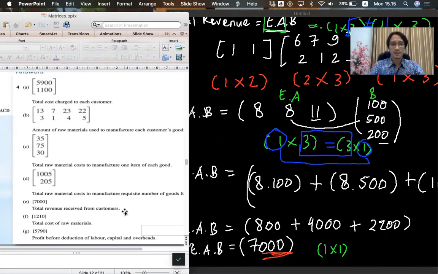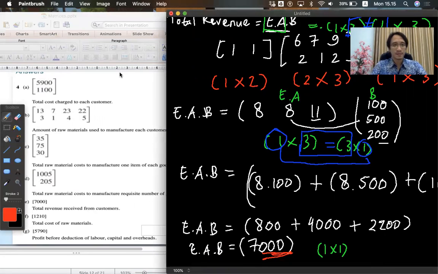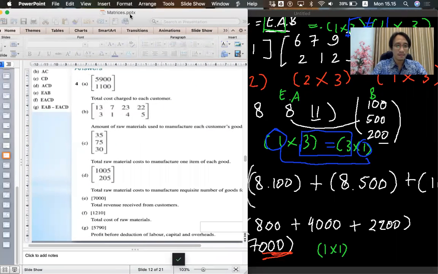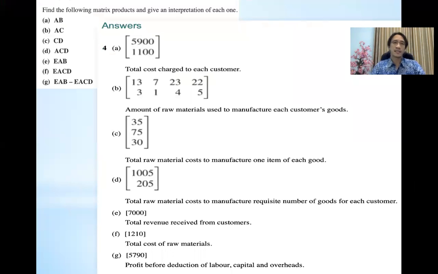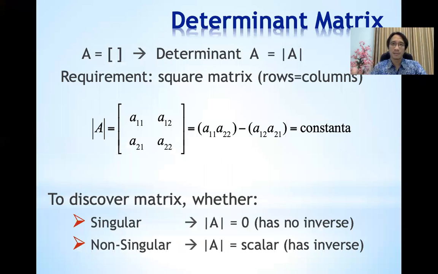Okay. So you can try to solve the other point, and the interpretation is written in this slide, total cost, profit. But that is the basic things that you need to know in matrix multiplication and the basic operation of matrix in addition or subtraction matrix.